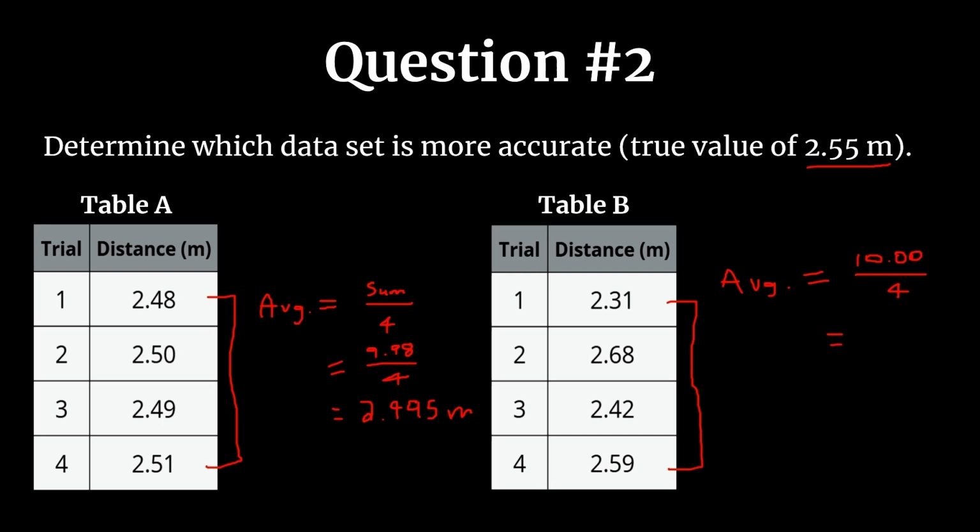And that should get you a result of 2.50 meters. And so, since table B has an average closer to 2.55 meters, then table B is actually more accurate. This also just goes to show that high precision doesn't also correlate to high accuracy.